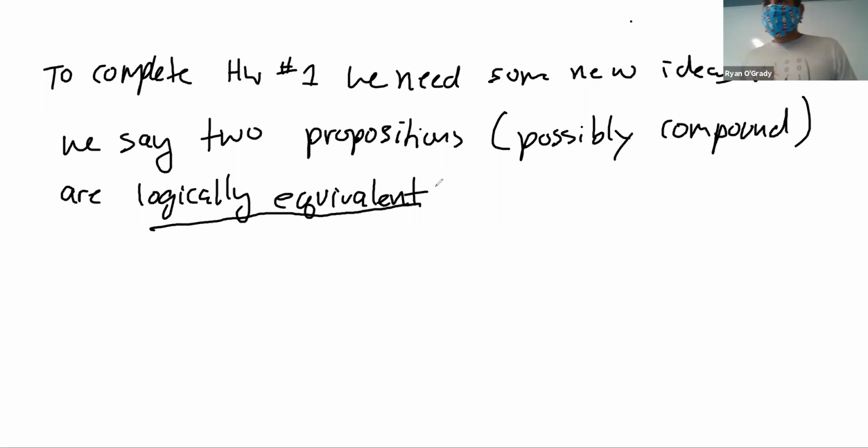So we say that two propositions, possibly compound, meaning they can have all kinds of conjunctions and disjunctions and stuff like that, are logically equivalent if they have the same truth value all the time.